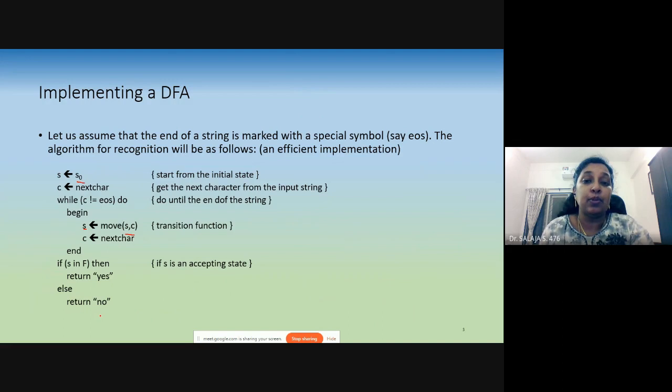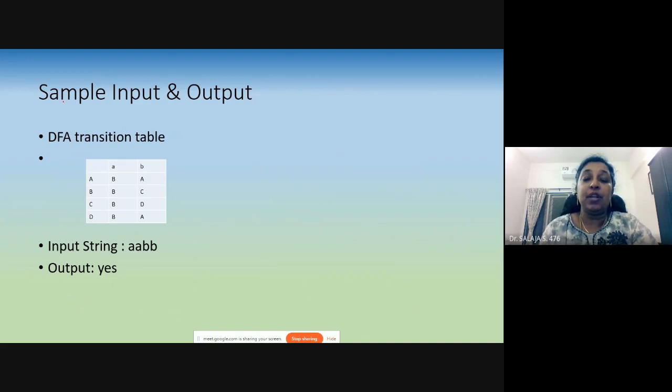Now, what inputs are we going to take? Number one, we require a transition table. This transition table can be obtained based on the input symbols and based on the number of states. And therefore, we'll try to understand the inputs that are required. Number one, I'll talk about the number of states as the first input.